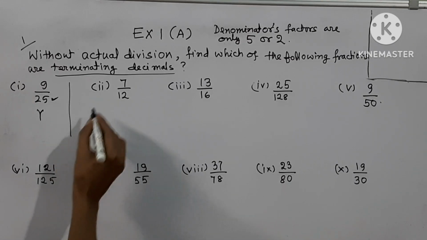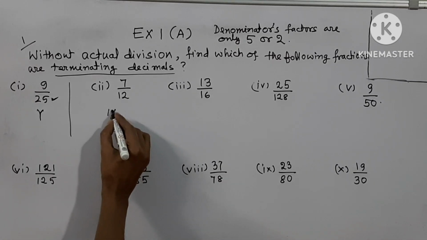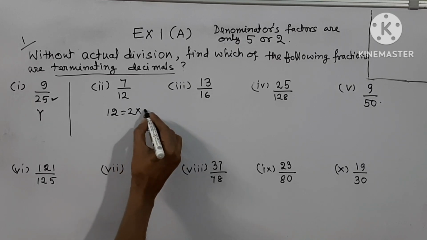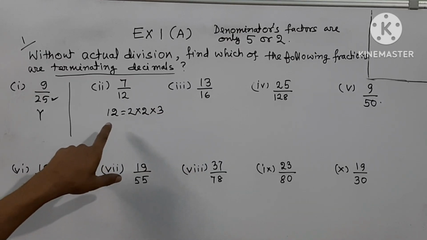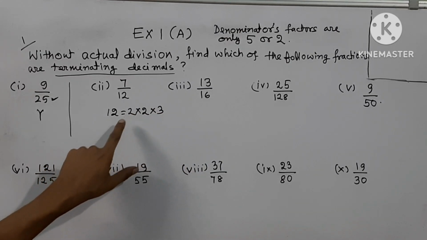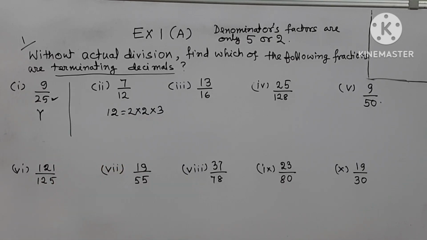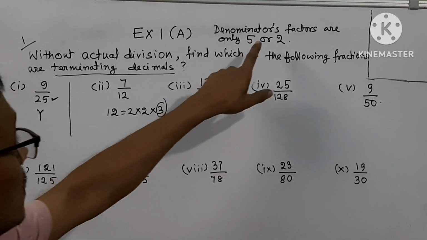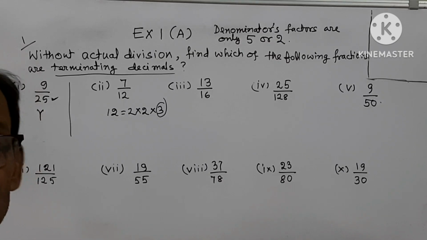Let's see the second example. Again we have to do 12, and 12 you know, 2 into 2 into 3. That means the prime factors of 12 are 2, 2 and 3. So this is the villain, because our concept is that the denominator's factors should be only 5 or 2.